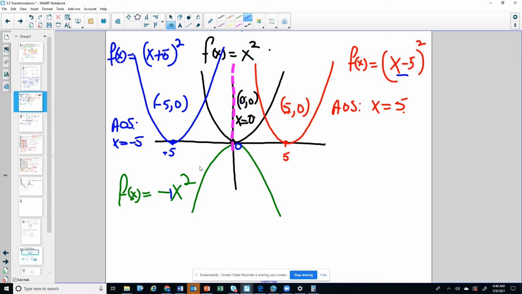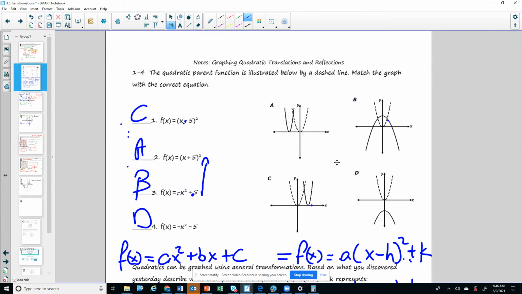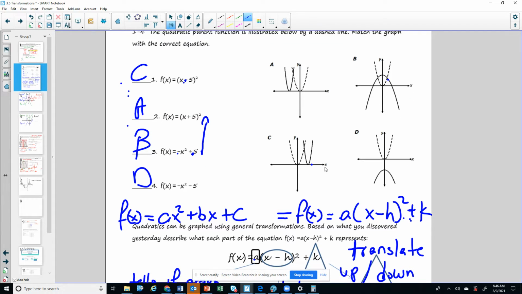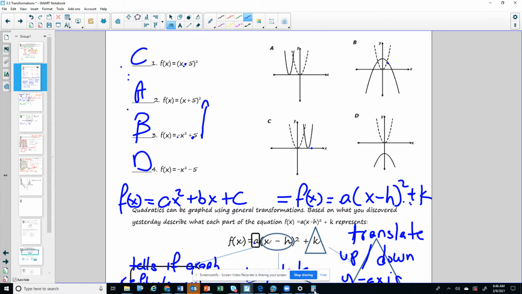All right. We also looked at the vertex form of the quadratic equation. It is f of x is equal to a times x minus h squared plus k. And we talked about what each term means. The k is a constant.